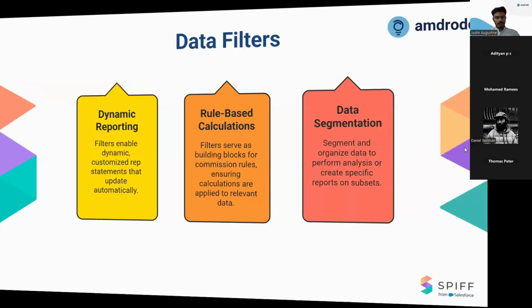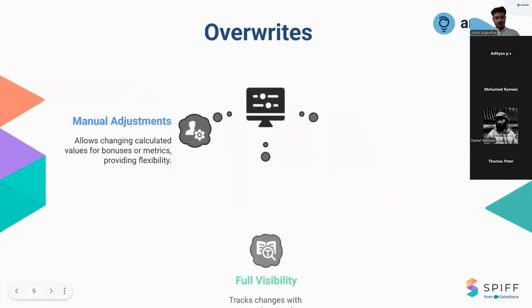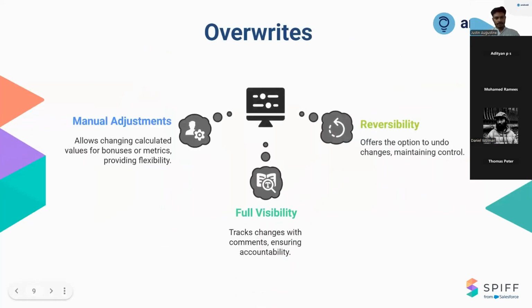Next, coming to the other important topic, the override. In Spiff, overrides are manual changes made by administrators, finance managers, or editor managers to override automatically calculated data on a statement or within a data source.